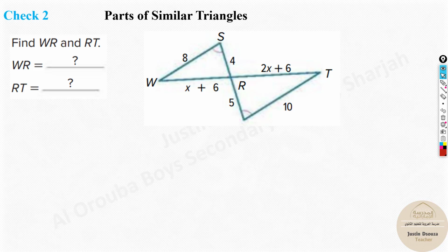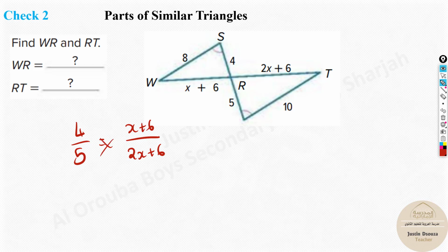So what I'll do is I'll take this side WR and this side of this other triangle RT. Here I will take SR, that is 4 by 5, that must be equal to the inner triangle x plus 6 divided by outer one 2x plus 6.